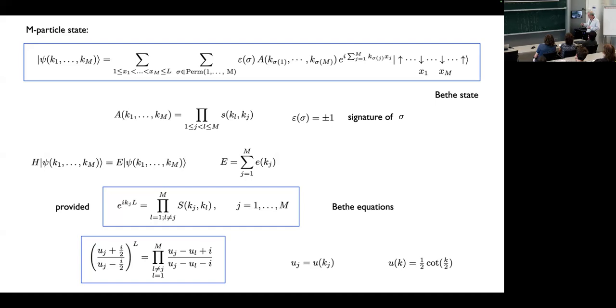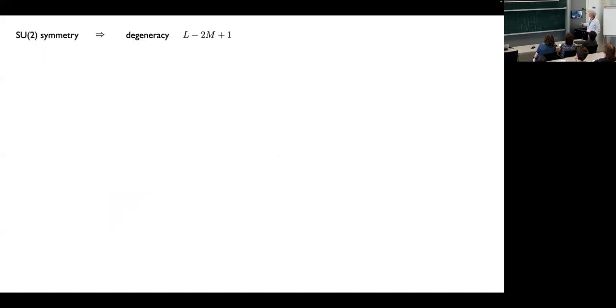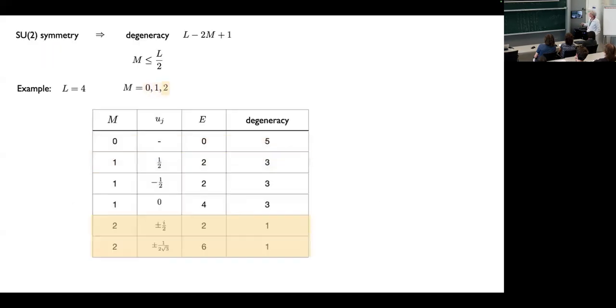I want to see. Forward. Yeah. And forward. Yeah, because I'm curious about the sum of the degeneracy.